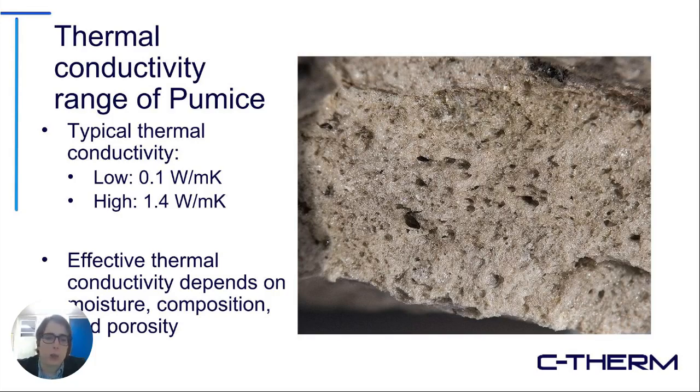And it really highlights why you need to make sure that you're testing your actual materials that you're looking to simulate or looking to run a process with. Because if you're using a book value in this case, you could be over 50% off. The effective thermal conductivity of these pumice stones depends on the moisture, the composition of the pumice itself, and the porosity.